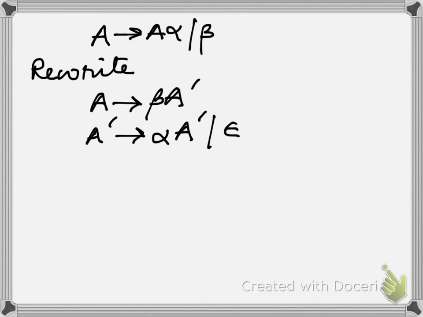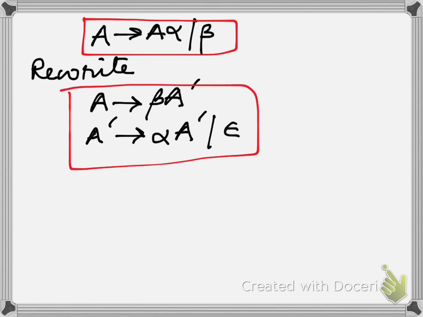So why did we write it like this? We are going to replace this production by these two productions. Again, the language generated by the grammar was beta followed by alpha to the power n, where n is greater than or equal to 0.